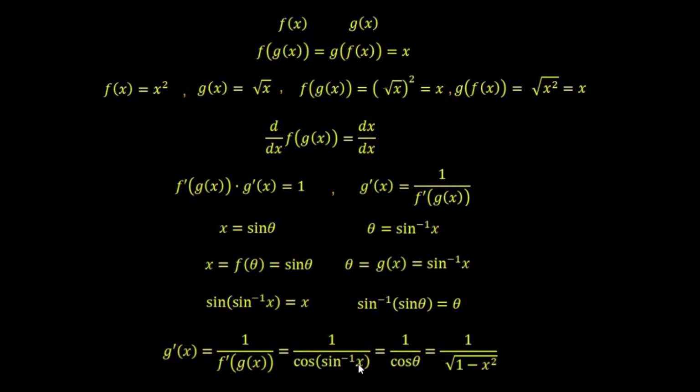So we can see here that the inverse sine of x is just the angle theta. So that's just the cos of theta, which is equal to 1 upon the root of 1 minus x squared. So that's us just about finished. There is one final way that we can look at this that is a little bit closer to the geometric proof, and we will look at that next.